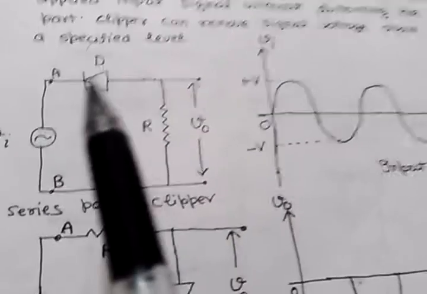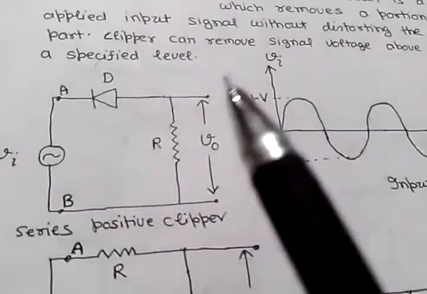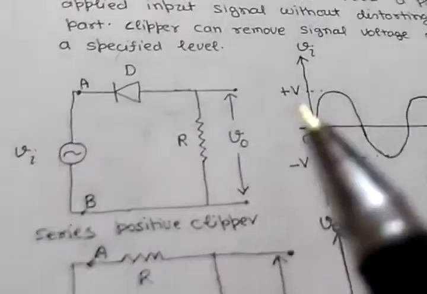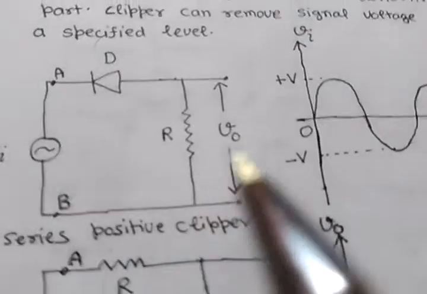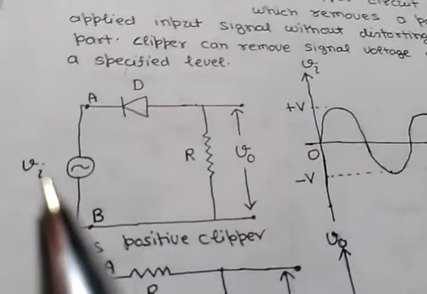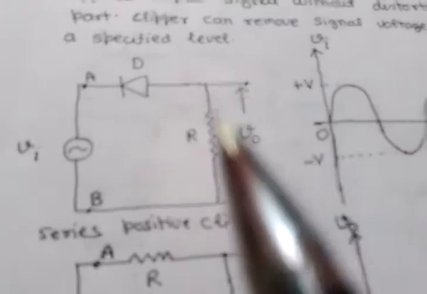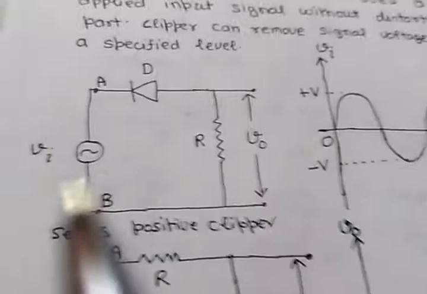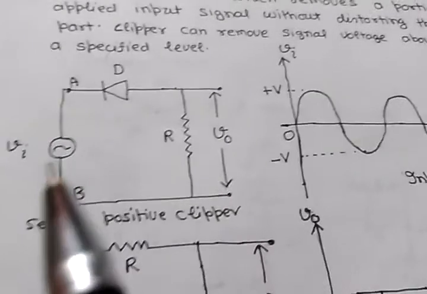When the diode is short circuited, the input signal Vi will be in parallel with the output. The input signal will be applied in parallel at the output, meaning the output will follow the input during the negative half cycle.